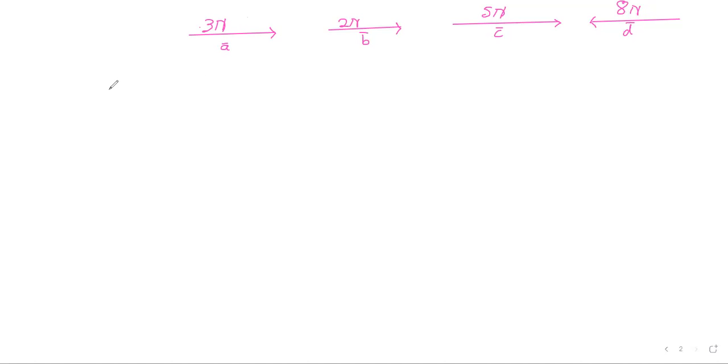Now, vector A plus vector B will be 3 Newton east plus 2 Newton east, and that gives you 5 Newton east. And this vector here is called the resultant vector.